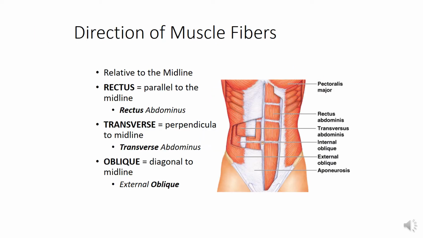Okay, so muscles are named according to the direction of muscle fibers. These are usually the abdominal muscles. There are four abdominal muscles.